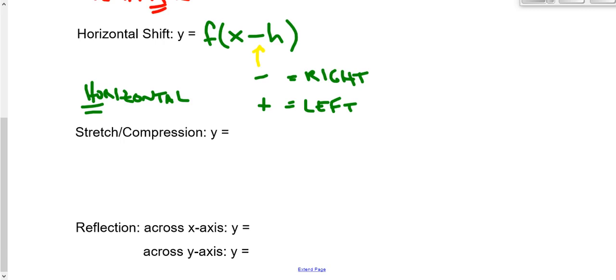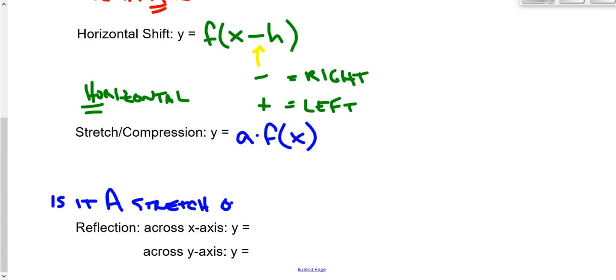So what we're going to do to show that we're stretching a function in general form is we're going to take our function and multiply it by some number out front, f of x times some number. We're going to call that number a. The way that we can remember that a means a stretch or compression is I'd like you to ask yourself the question, is it a stretch or a compression?